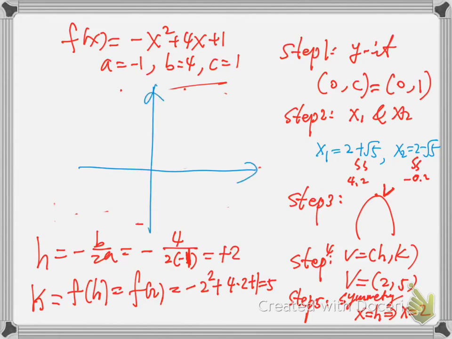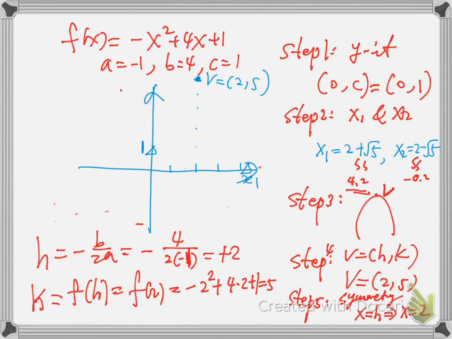So now let's look at the picture. First we know 0, 1 is the y-intercept. So here is 1. The parabola has to pass this number 1. And then we know 2, 5 is the vertex. So here is 2 and go up 1, 2, 3, 4, 5. That's the V, so that's 2, 5. And x1 is about 4.2, a little bit bigger than 4.